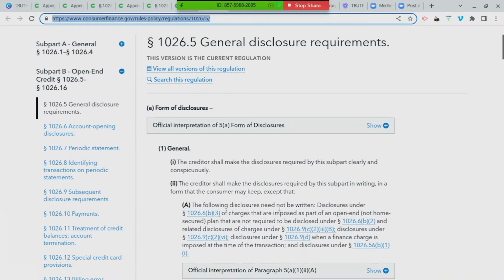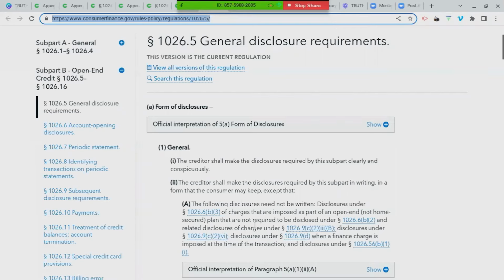They don't have to be written, but under 1026.16(b)(3), charges that are imposed as part of an open-end, not home-secured plan, that are not required to be disclosed, and related charges, disclosures under 1026.19, and disclosures under 1026.9 when a finance charge is imposed at the time of transaction.